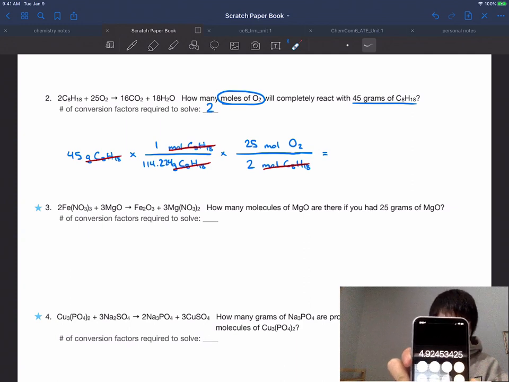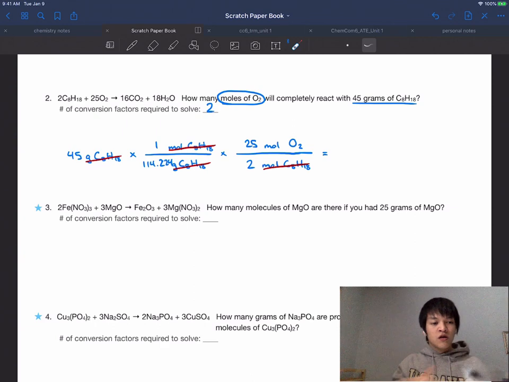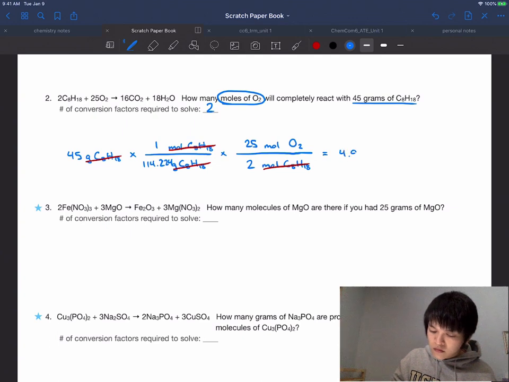So that's what you should end up with when you type in all these four numbers. 4.92, and the unit is moles of O2.